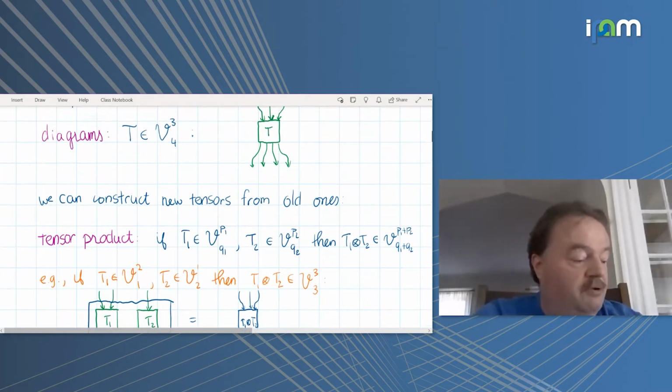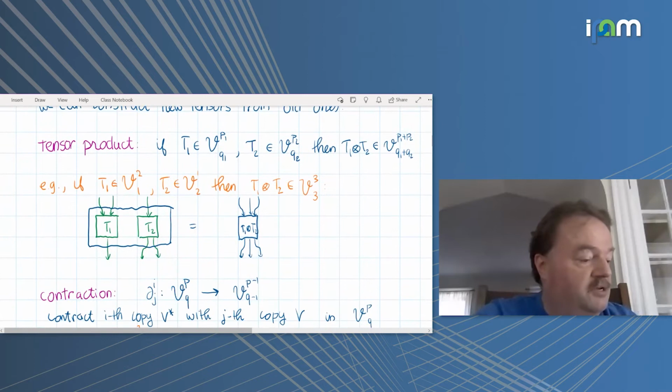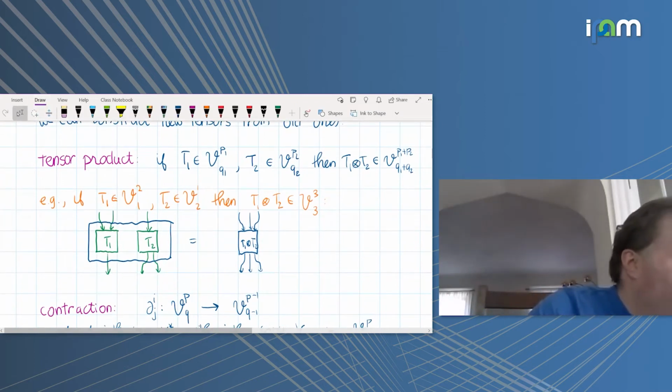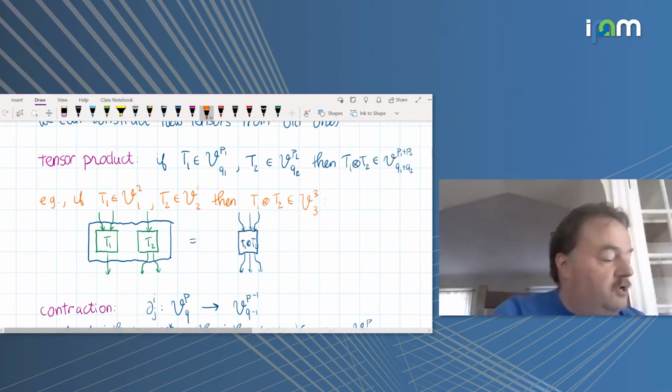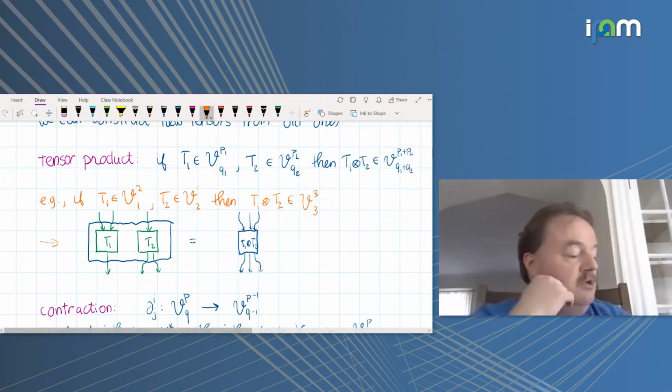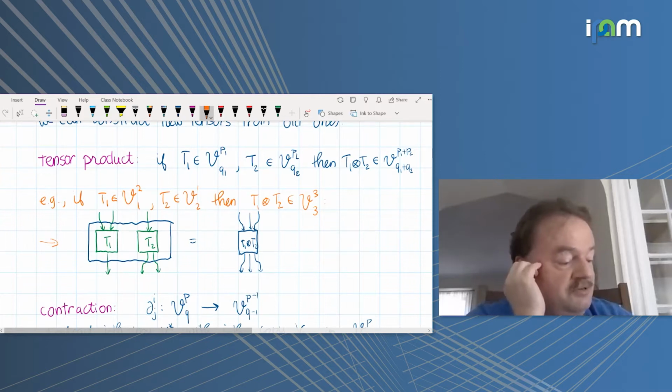In a diagram it would look like this here. If you look at this, the tensor product of two tensors, in the diagram I'll just draw both diagrams and just think of it as now a new tensor.